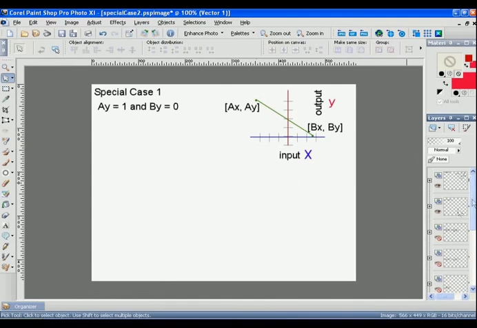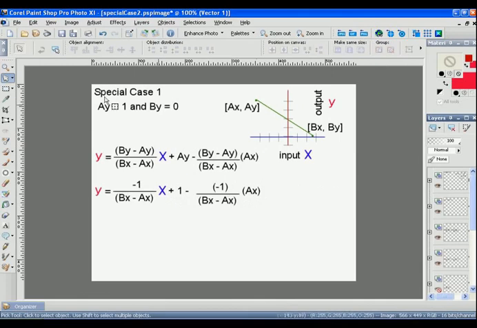Again, we redo the exact same thing we did before. We write our general equation, we substitute these two values into this equation, and we get the following. We can then simplify this equation by collecting everything here with the common denominator. So we get AX minus x all divided by BX minus AX, and then we have our plus 1 sitting outside.